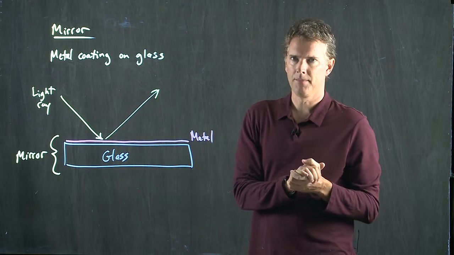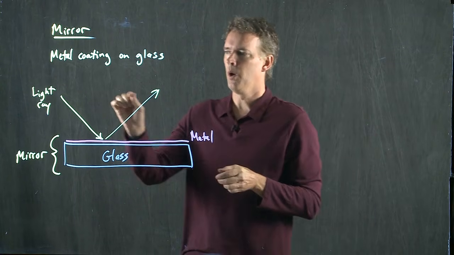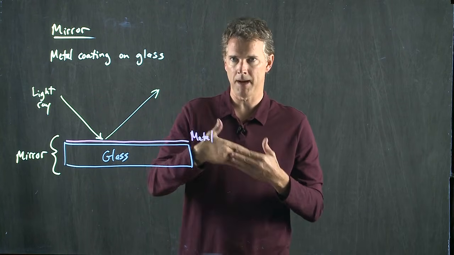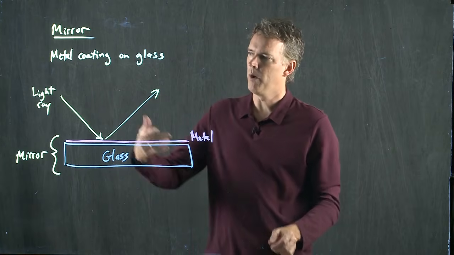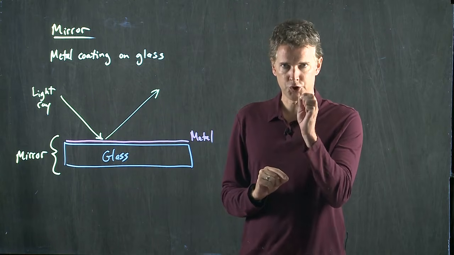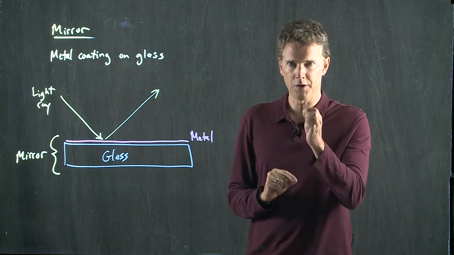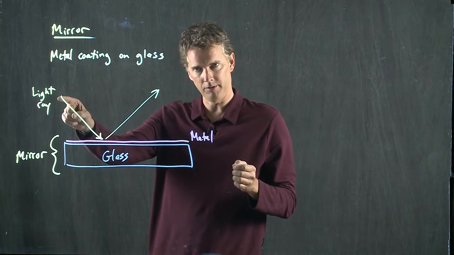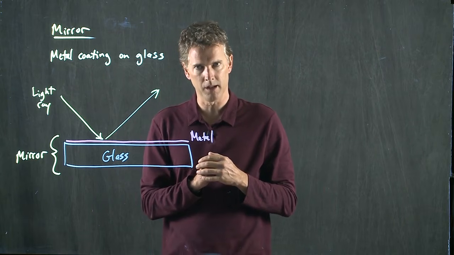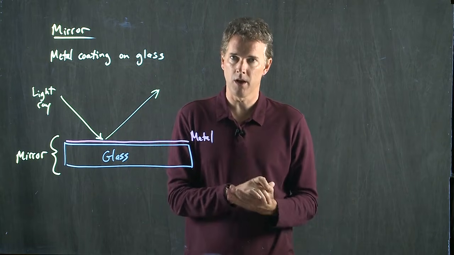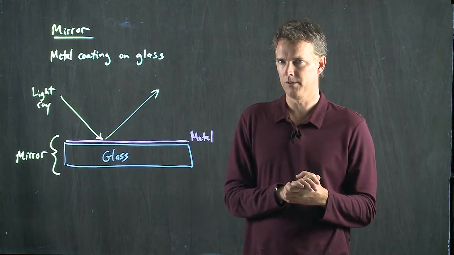It happens because we know that light is made up of electric fields and magnetic fields. And when those electromagnetic fields hit the metal, the little charges in the metal start to vibrate. And they vibrate at exactly the same frequency as that light ray that was coming in. And it re-radiates that energy out into another ray at the same frequency.